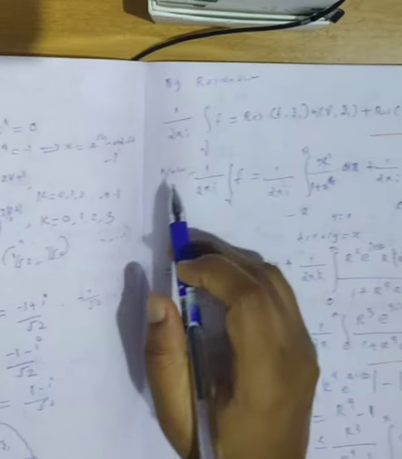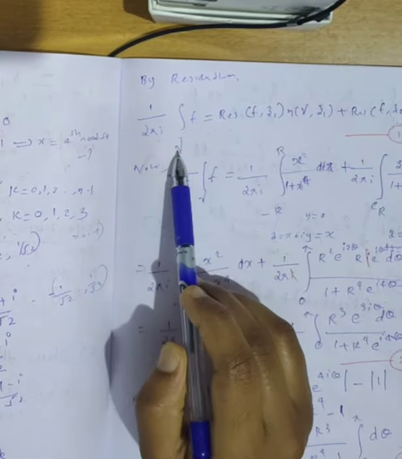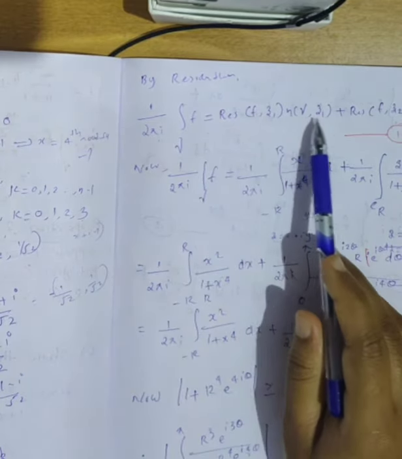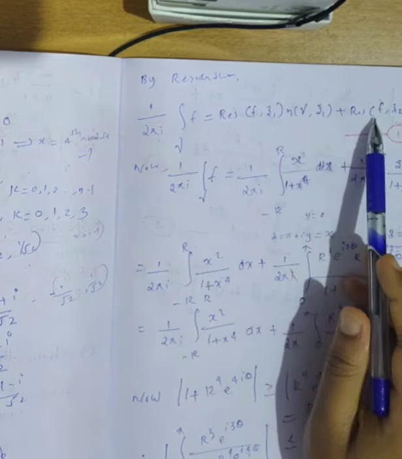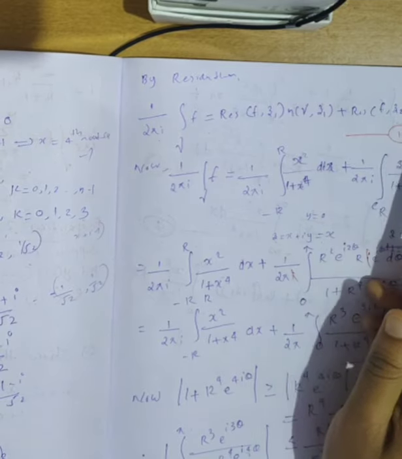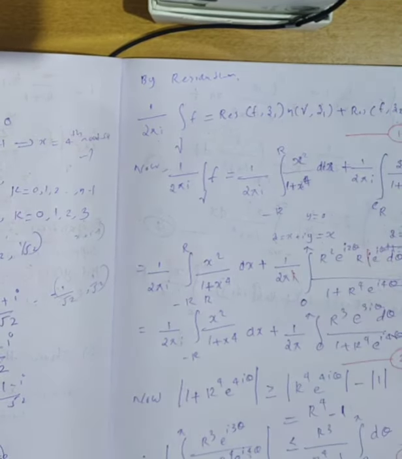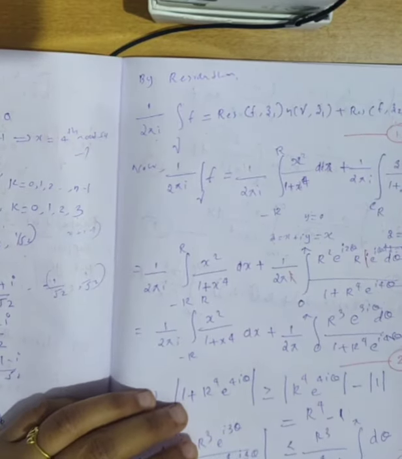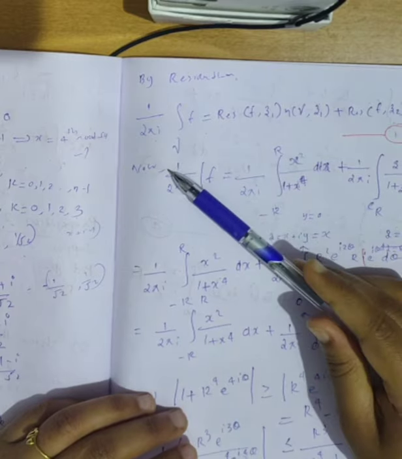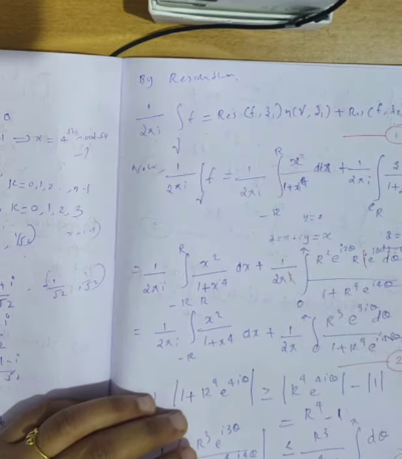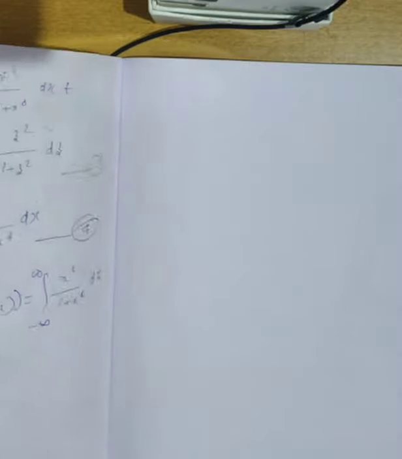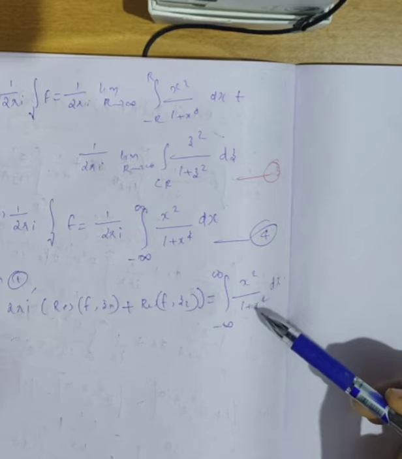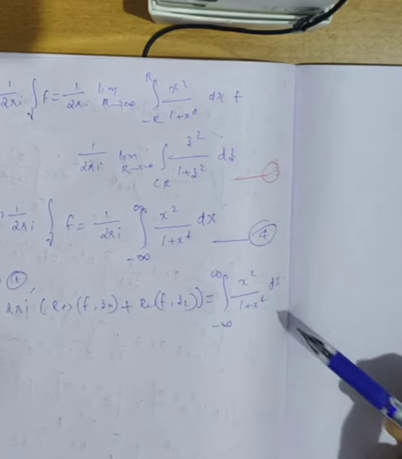Our 1 is equal to 1 by 2 pi i integral over gamma f equal to residue of f comma z1 into n gamma z1 plus residue of f comma z2 n gamma z2. Okay, then by this we can write that 2 pi i into residue of f comma z1 plus residue of f comma z2 equals integral over minus infinity to infinity x square divided by 1 plus x raised to 4 dx.